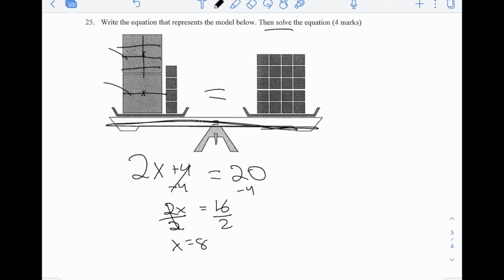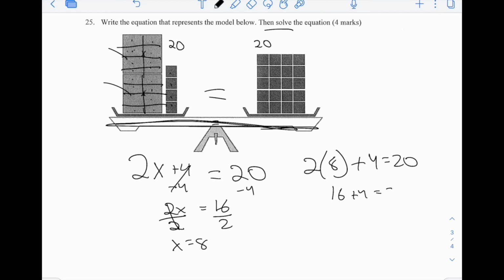So if I put 8 boxes in there, I've got 3, 4, 5, 6, 7, 8, 9, 10, 11, 12, 13, 14, 15, 16, 17, 18, 19, 20. So I've got 20 on this side, 20 on this side. Okay, my check just to make sure, 2 times 8 plus 4 equals 20. 2 times 8 is 16 plus 4 equals 20. 20 equals 20. Check. This is great.